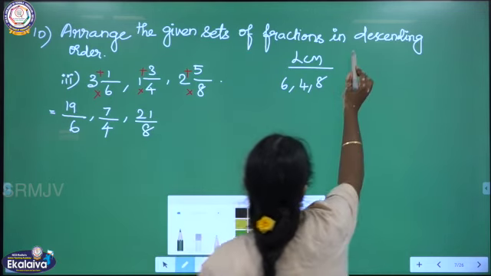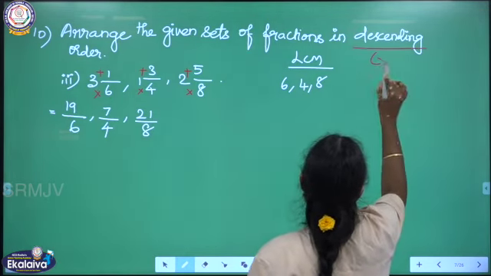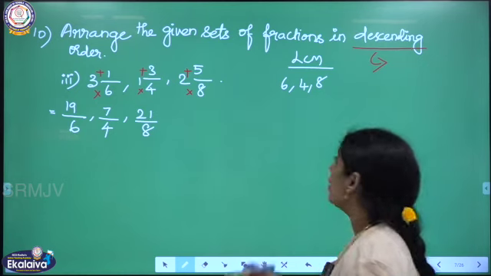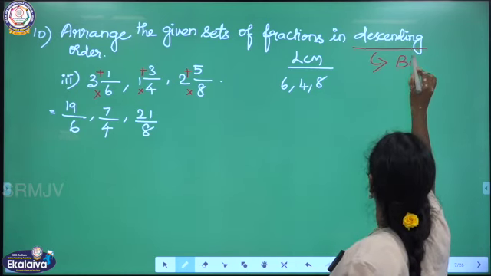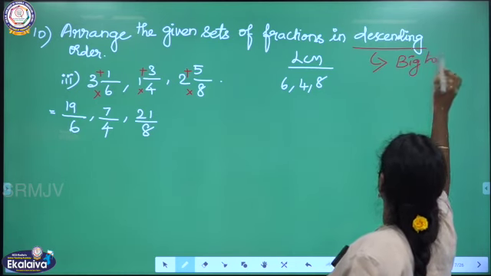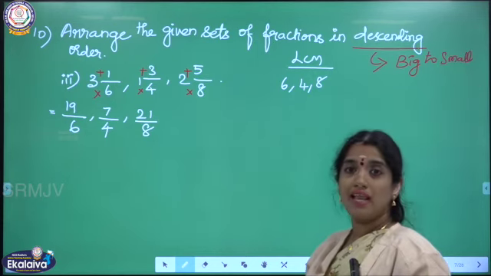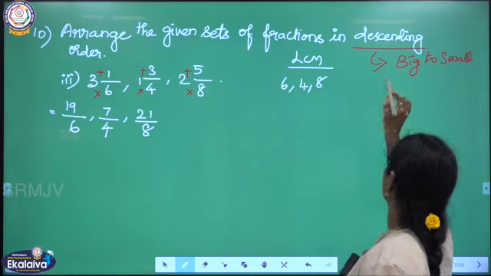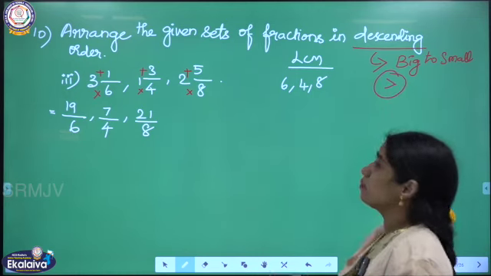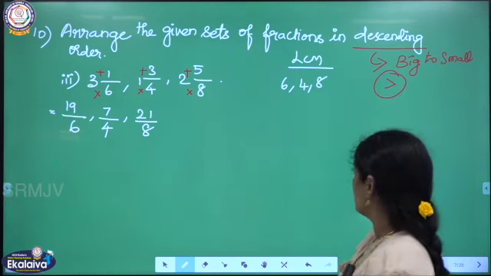Here, descending means I am going to arrange from big to small. As well, what symbol am I going to use here? Greater than symbol. So, listen.